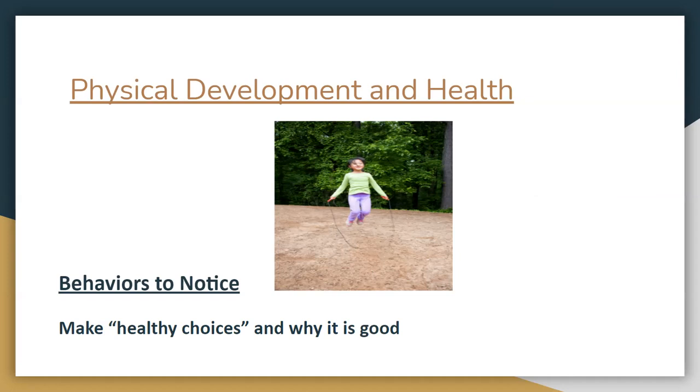So when we're going through our day, we may be doing things just like obstacle course, maybe they're jumping rope or things like that. And depending on what they can do, their development, maybe it takes them a little bit longer to do certain things, but also making healthy choices, whether it be food or just in their relationship each day with other children and the adults around them is important as well.